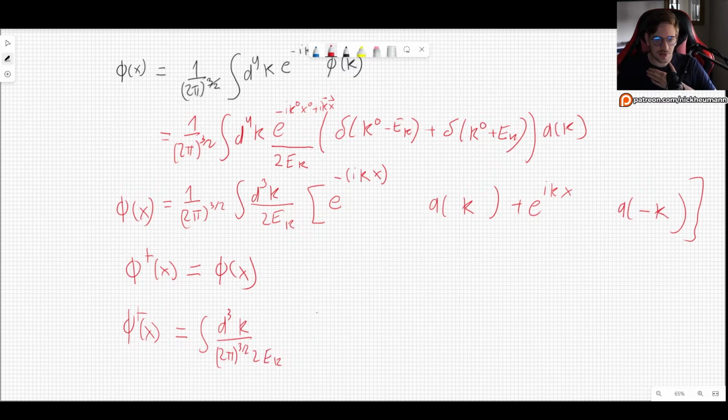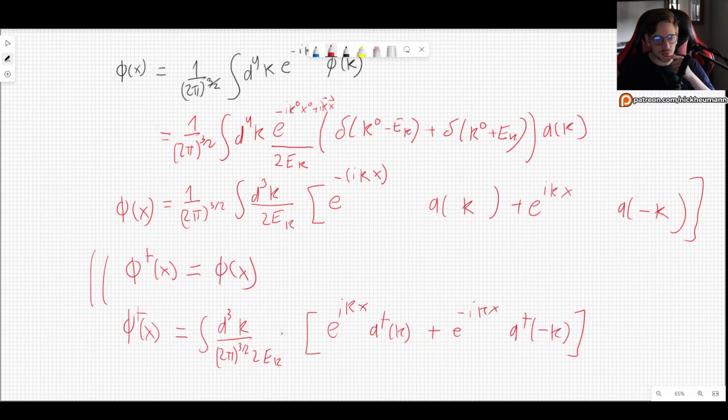2ek. And then the exponent here will be e to the I kx, a dagger of k plus e to the minus I kx, and then a dagger of minus k. And these two expressions have to be equal, right? So these two things have to be equal. So that means, well, everything outside, everything there is equal already, so there's no problem.